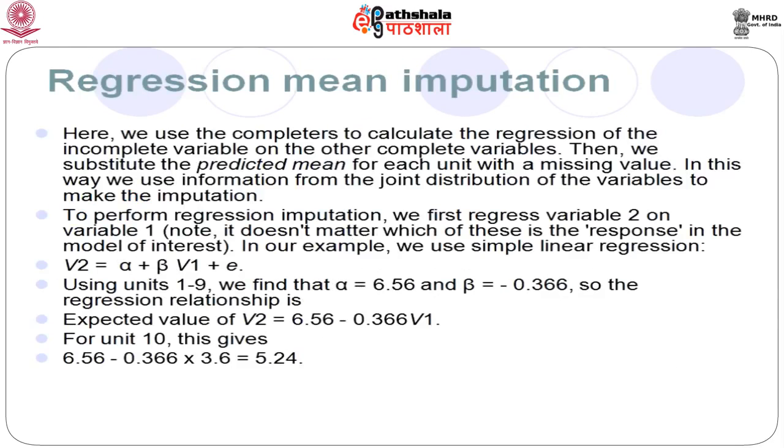Now, another possible approach is regression mean imputation. I will try to explain this. Essentially, whenever you see some observation is missing, take that variable as your response variable, and you predict it by using another variable for which the complete set of observations is available.